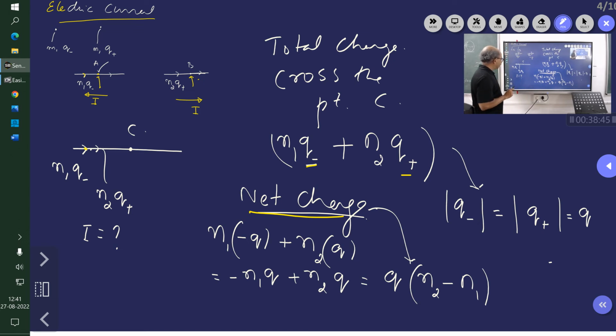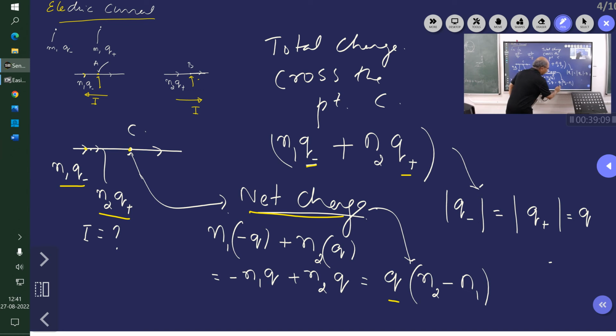Now, what I would like to say here is, N1 Q minus charges and N2 Q plus charges are crossing this point simultaneously. So now I will use the concept of net charge. What is the net charge that is crossing this point? Q into N2 minus N1 is the net charge crossing this point.